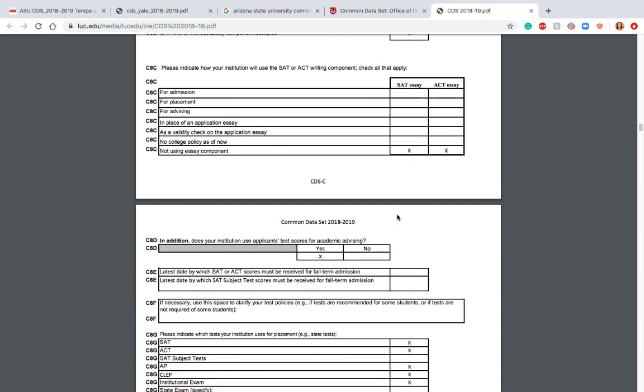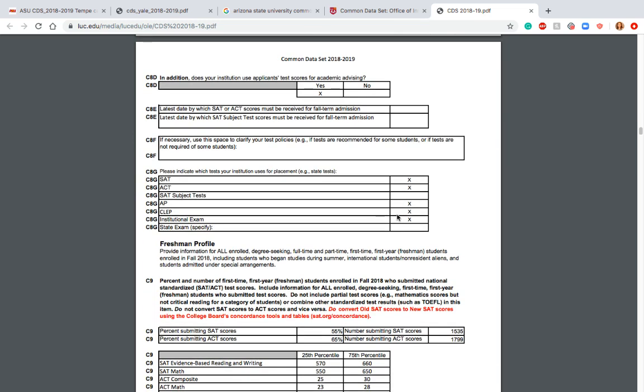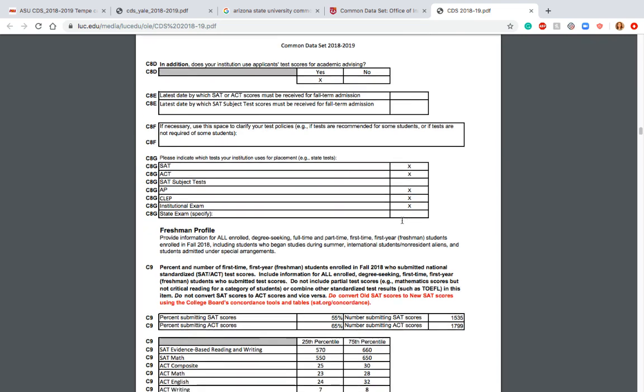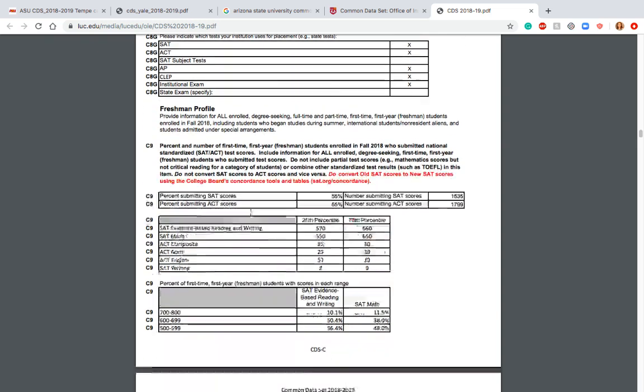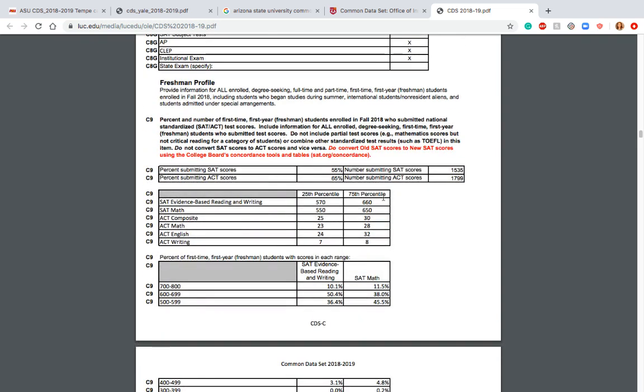So my advice to you is if you don't have to take the essay portion, don't take it. If you have to take it, take it. Not a big deal. For placement, they are going to use APs. They're not as concerned about the SAT subject tests, which we talk about in a different video. And then you can see where their scores are: 570 to 660, 550 to 650, 25 to 30.